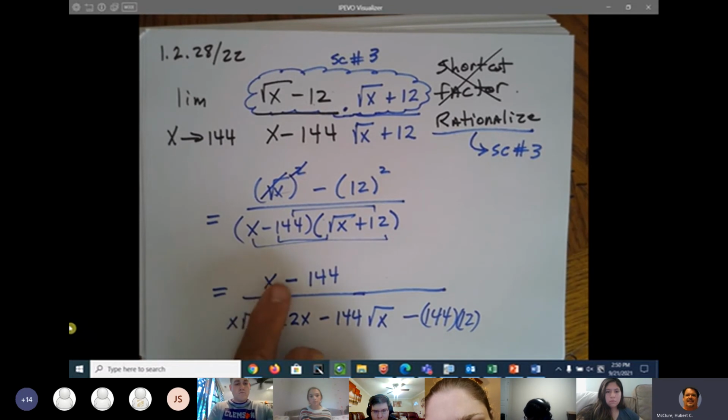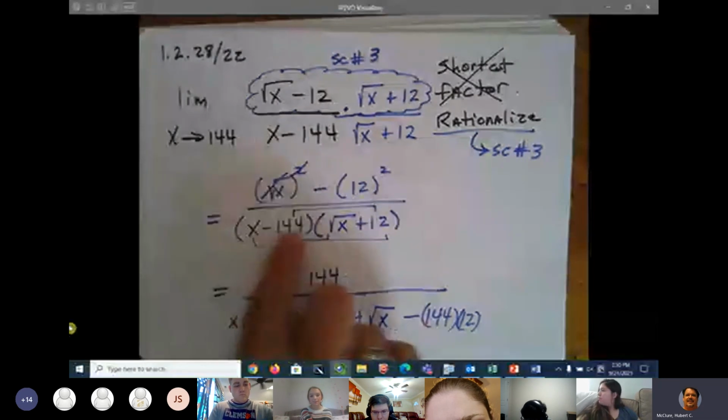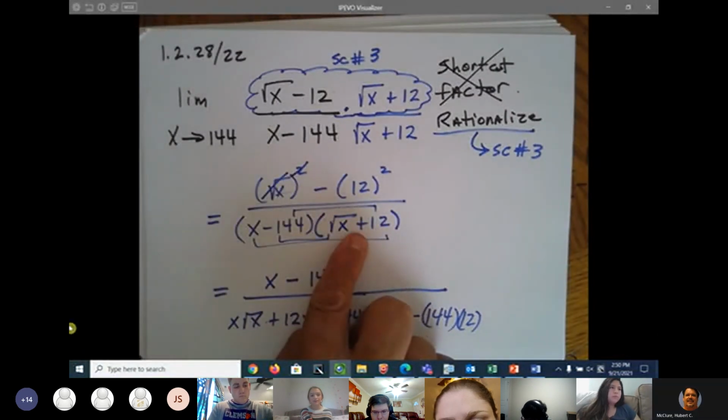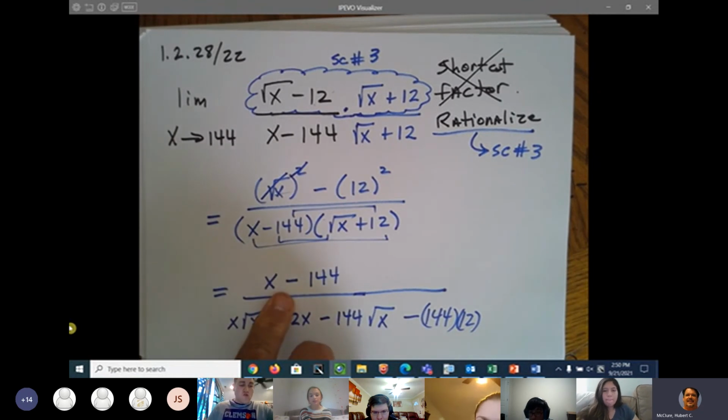Now you can't cancel when you got pluses and minus right here. Did you have to distribute it, or could you have canceled it out first? Distribute what? The step right here where you did the FOIL method. Could you cancel this one with this one? No, you can't do that.